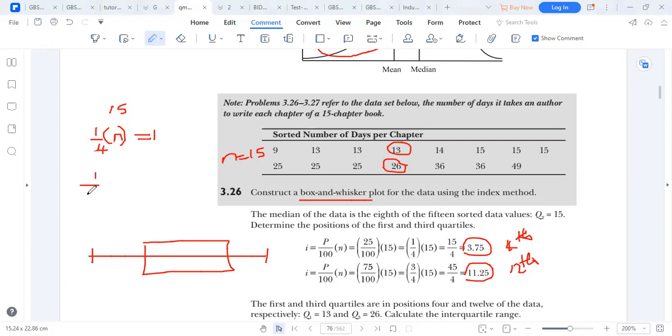Half of n. So half of 15 is what? 7.5. So you pick the 8th number. So she's finding the median, the 8th number. So 4, 5, 6, 7, 8. Correct. Our median is 15.